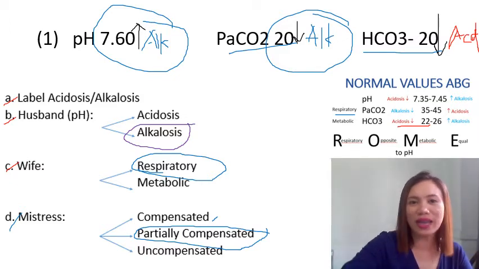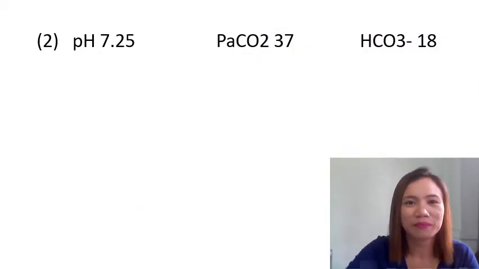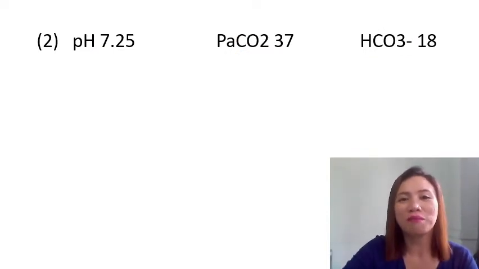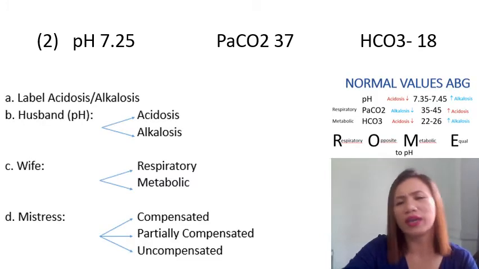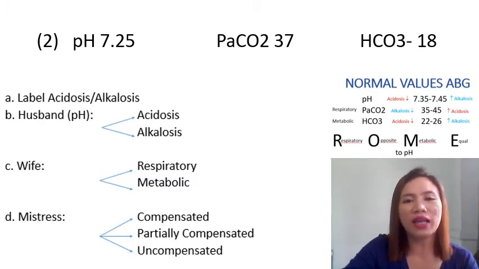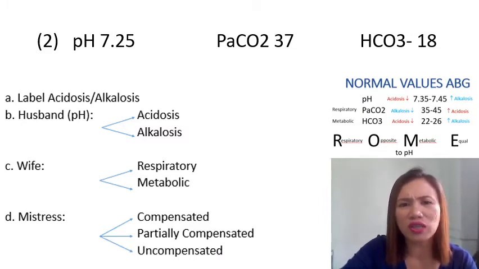Let's now go to the next example. pH of 7.25, carbon dioxide of 37, and bicarbonate of 18. Let's bring the notes up. Label acidosis or alkalosis. The first thing we have to do is label if it's increased or decreased. pH is definitely decreased.